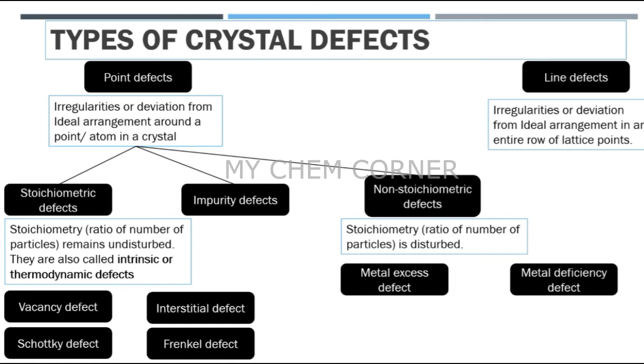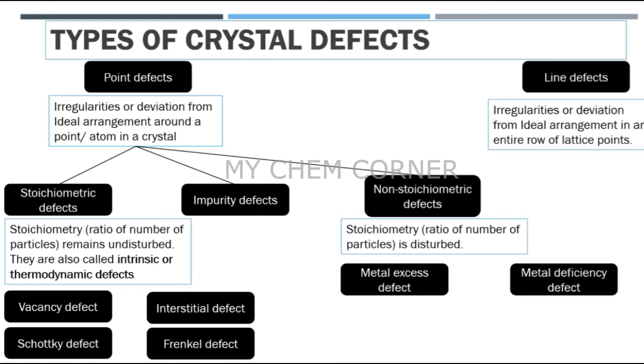If you're talking about metal deficiency defect, you could have a removal of a metal, but you might have, say, an introduction of an electron in that case. So what happens there is that you're having a deficiency of a metal. So these are the two types of non-stoichiometric defects. One is metal excess defect, the other one is metal deficiency defect.